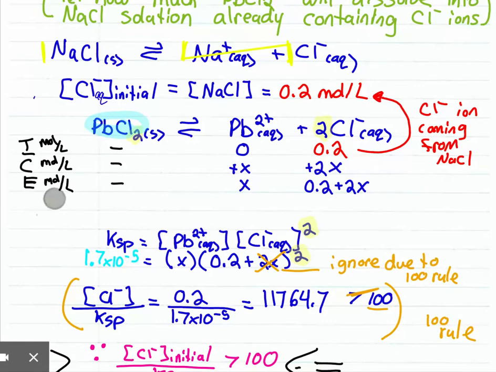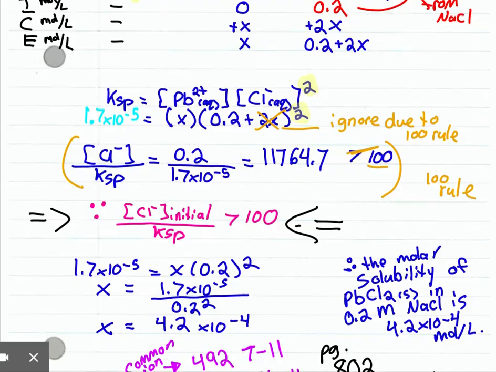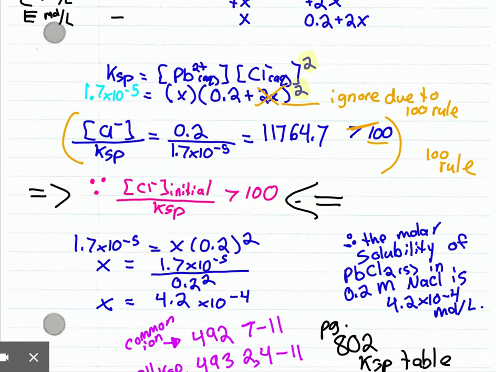So that means we can ignore this 2x due to the 100 rule. Then I usually like to make a statement, and if you want good communication, you're going to make this statement: since the initial chloride ion concentration divided by Ksp is greater than 100, then you can rewrite your equation and it's going to look like this.